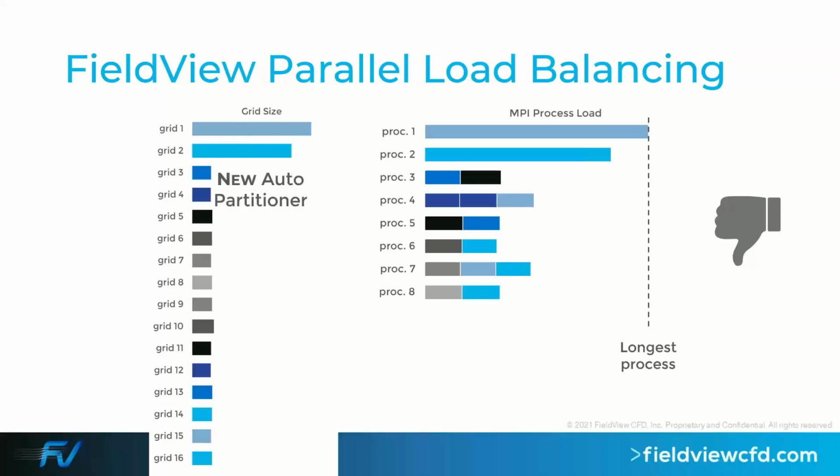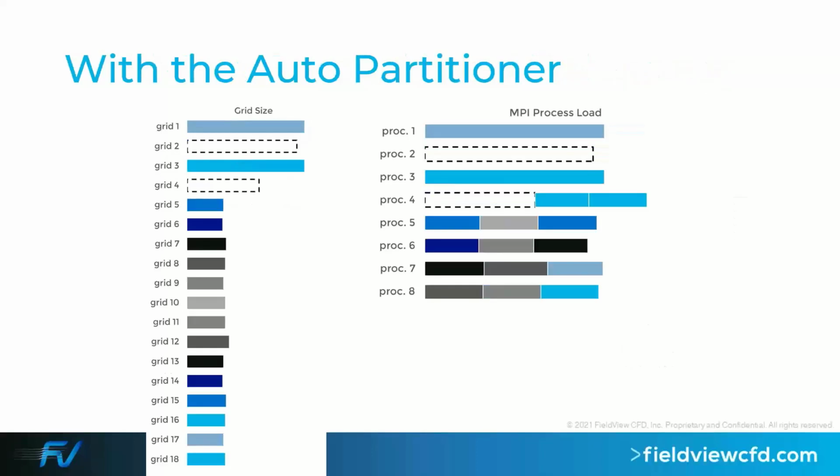What the Auto Partitioner will do is split the largest grid on the fly at read time, and it will do that automatically and come up with a new partitioning for your grids. So here we define new blocks, automatically computed by FieldView. You don't have to worry about it.